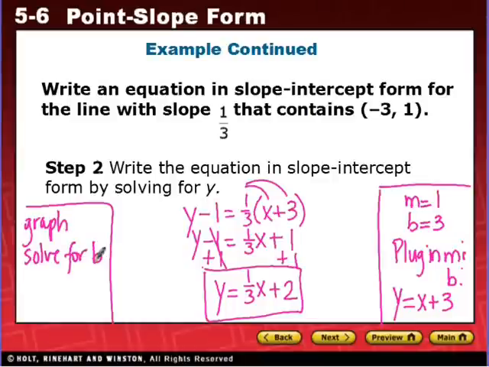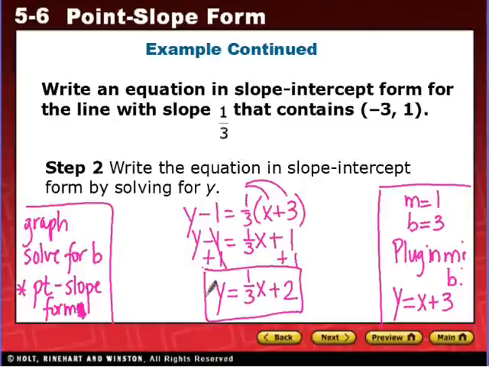Or the new way that you just learned today is to use point slope form. And then you get to your slope intercept form.